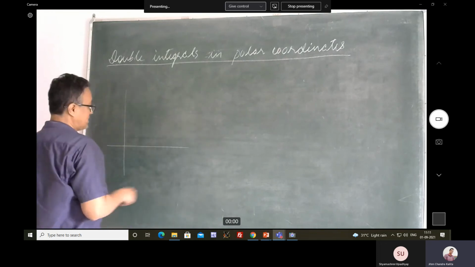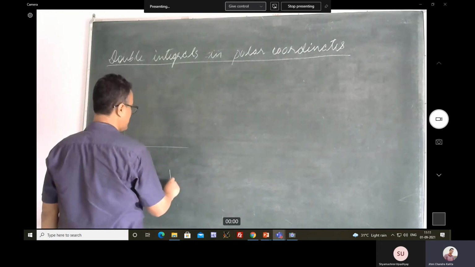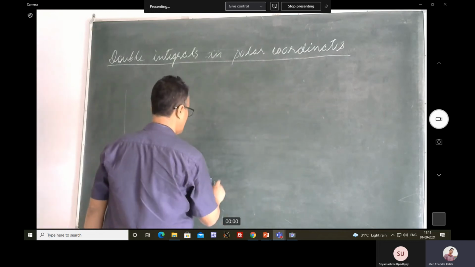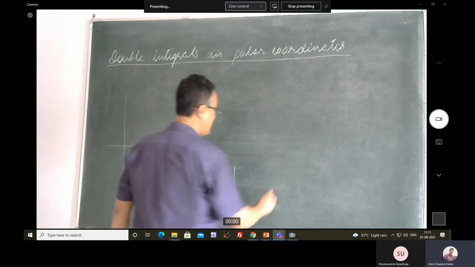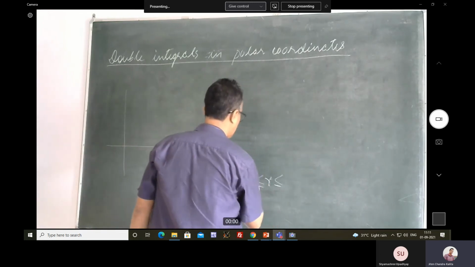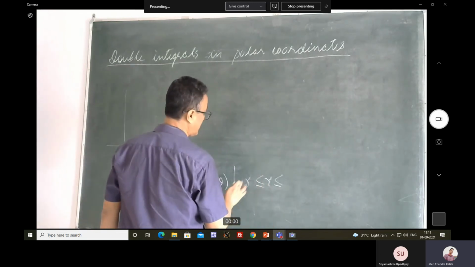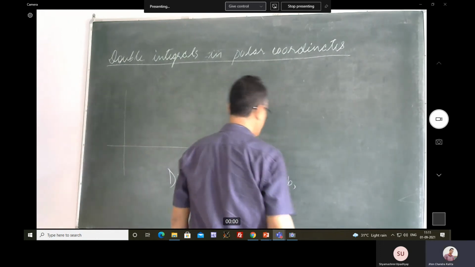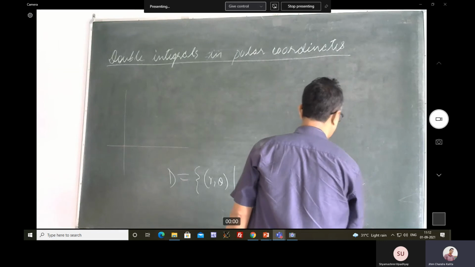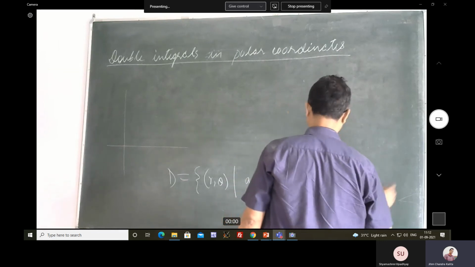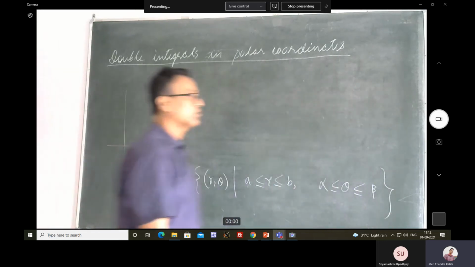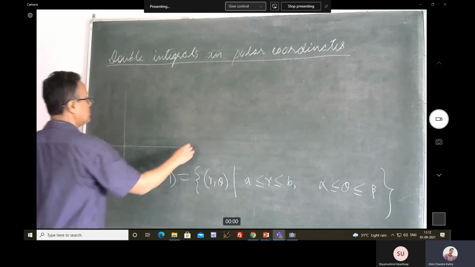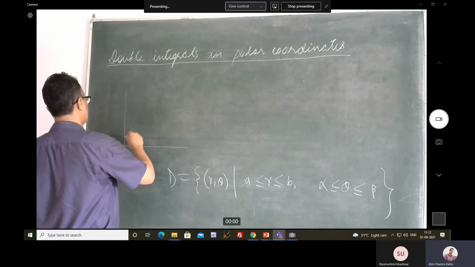A polar rectangular region is such that you can express the domain in polar coordinates, where r lies between, say, a and b, and similarly theta lies between, say, alpha and beta. These types of regions are called polar rectangular regions. It is going to be something like this.